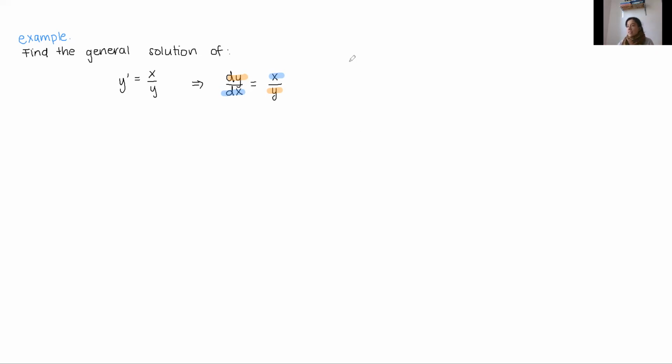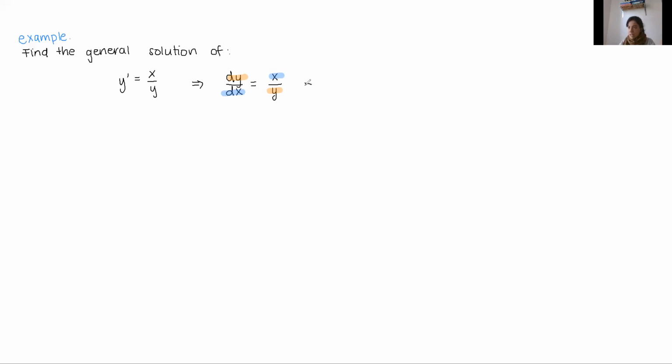In this specific case, we have to multiply by dx on this side and multiply by y on the left-hand side. We multiply by y on both sides: on the right-hand side it cancels the y, and on the left-hand side it stays. We multiply by dx on both sides: on the left-hand side it cancels out, and on the right-hand side it stays.